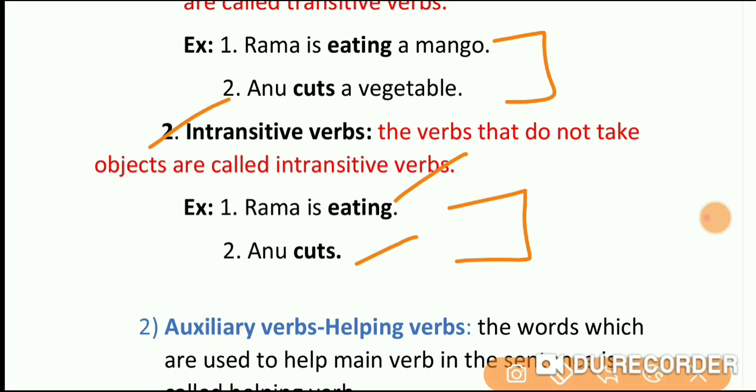What he is eating doesn't matter. Anu cuts. What she cuts doesn't matter. So they complete their action with subject itself. These kinds of verbs are called intransitive verbs.